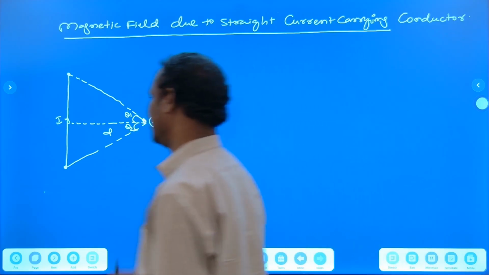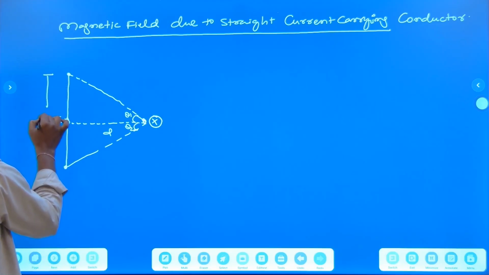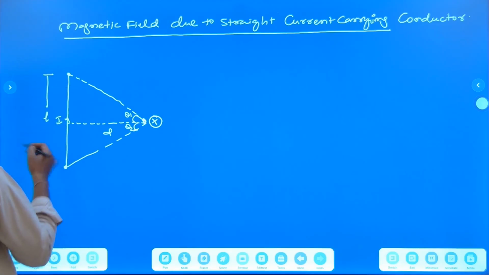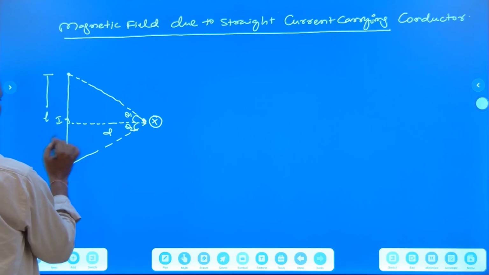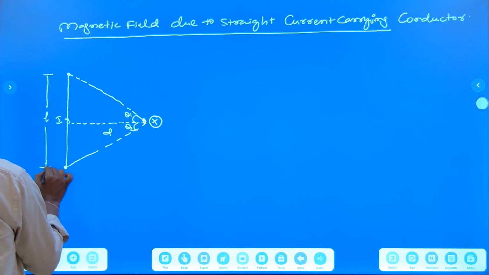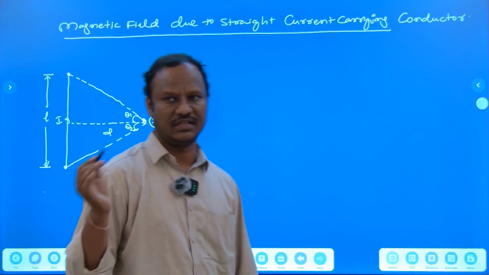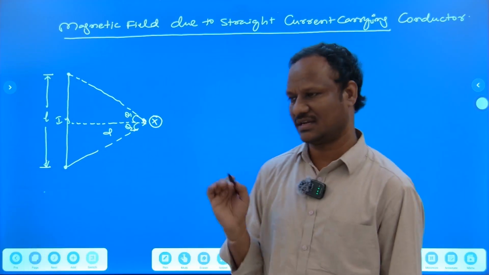It's a straight wire. This is the current I and let its length be L. It's a finite wire. If it is an infinite wire, sometimes we also consider the length because length elements are considered.